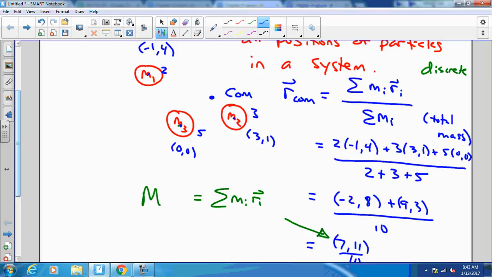If these objects were somehow connected by a really lightweight material, then I could put my finger on that material and balance the entire thing. And that is the basis for some of the toys that you've maybe seen, like the bird that can balance on its beak.